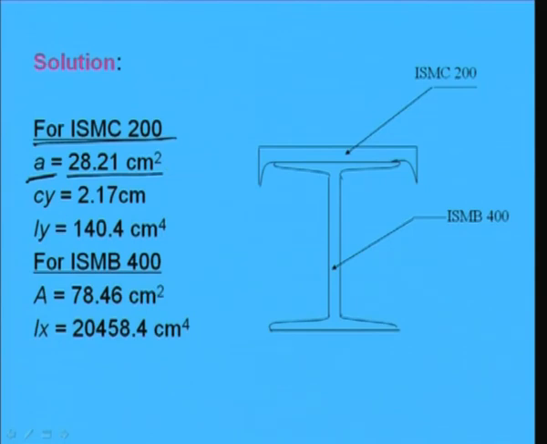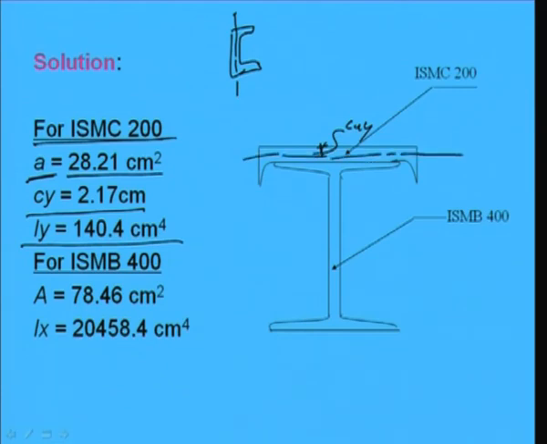Similarly, CY, which is CYY here, is 2.17 centimeter, and IY is 140.4 centimeter to the power 4. For the channel section like this, this will be IY, because IYY will be this one and IY is what we require.